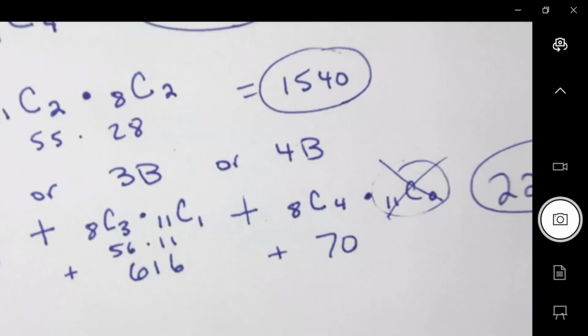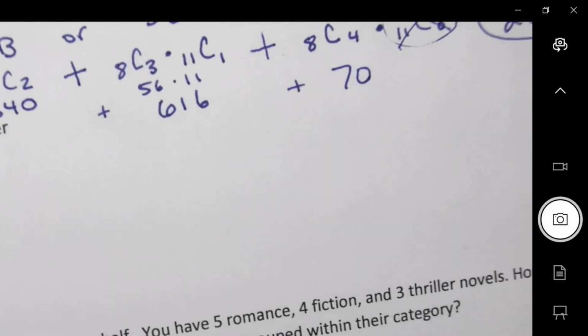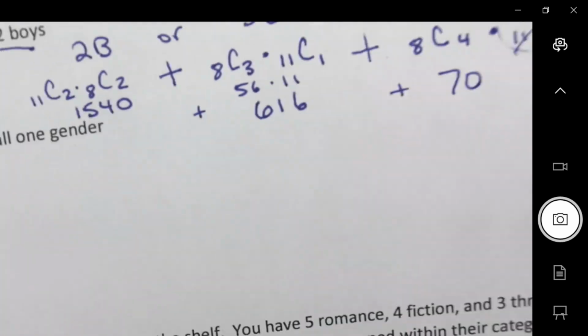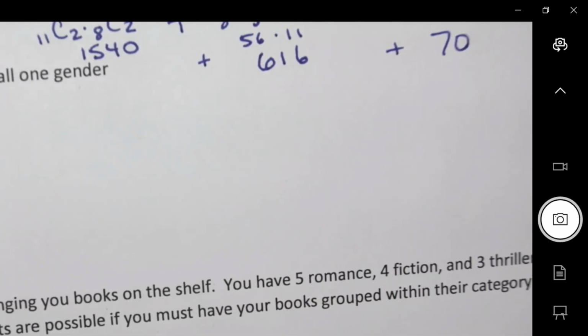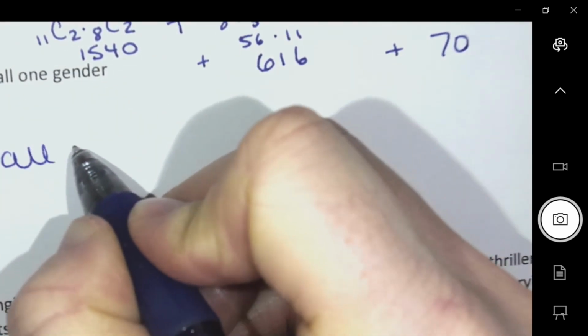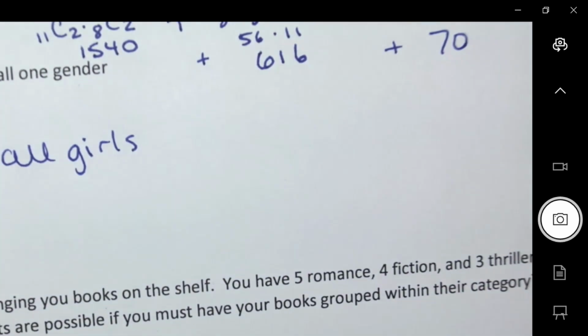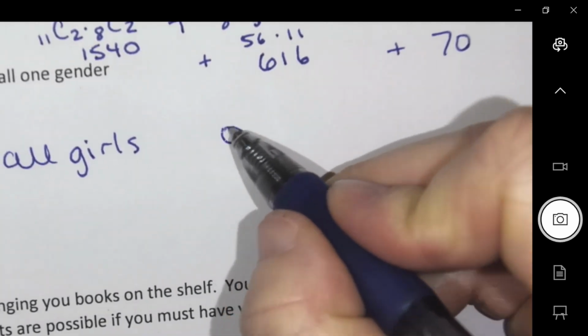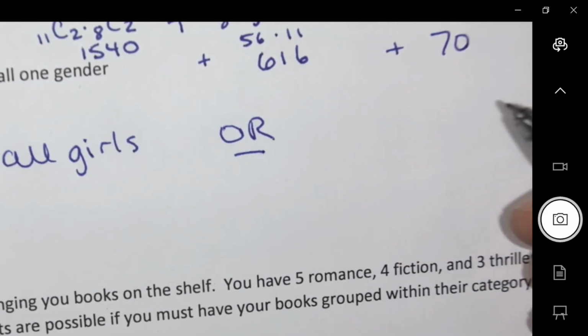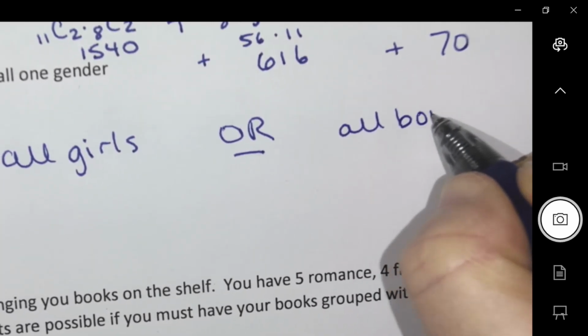Okay, this time our committee has to just be 1 gender. So it's a multiple case scenario again. What are our options to have 1 gender? We could have a committee with all girls. That's one option. Or we could have all boys on our committee.